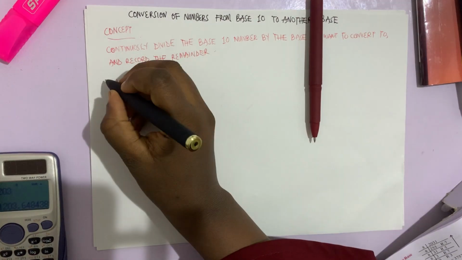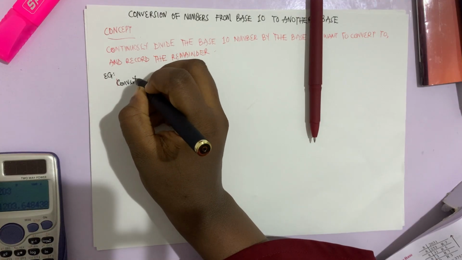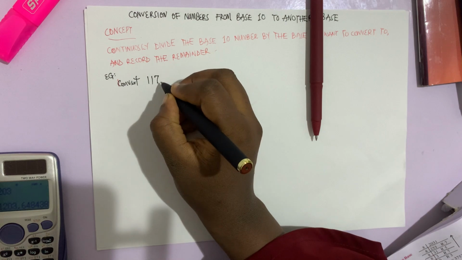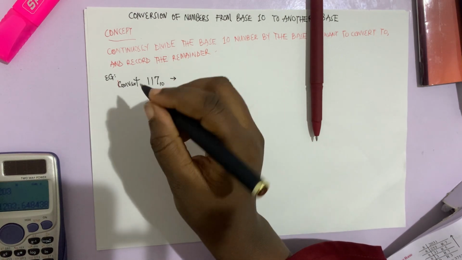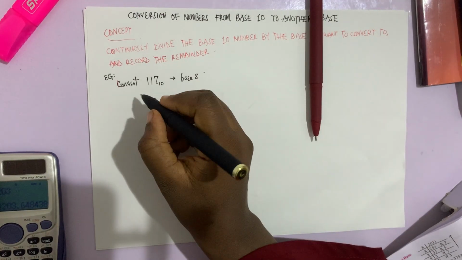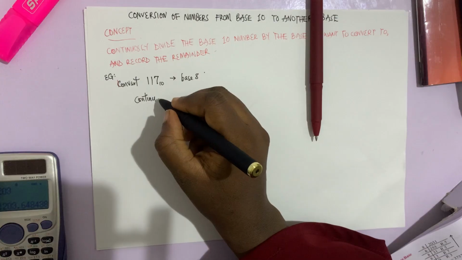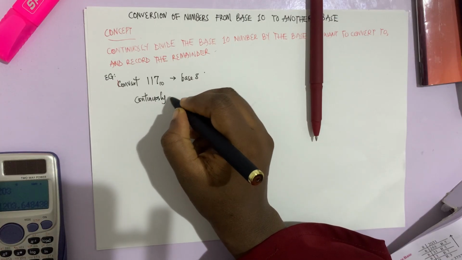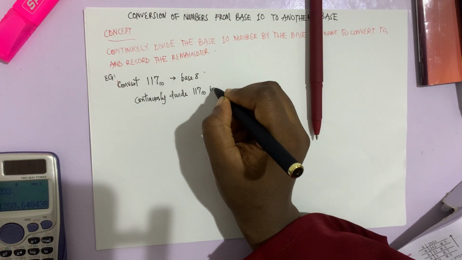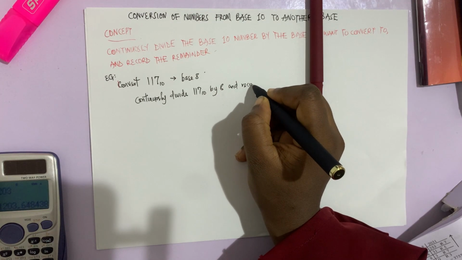For example, you want to convert 117 base 10 to a base 8 number. What do you do? You continuously divide 117 base 10 by 8 and record the remainder.